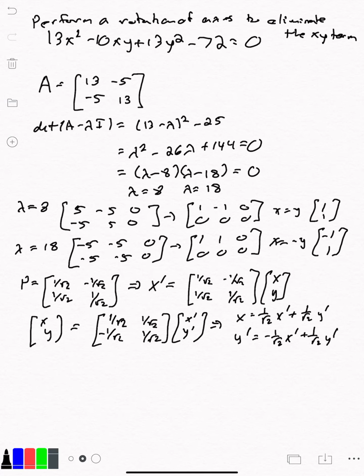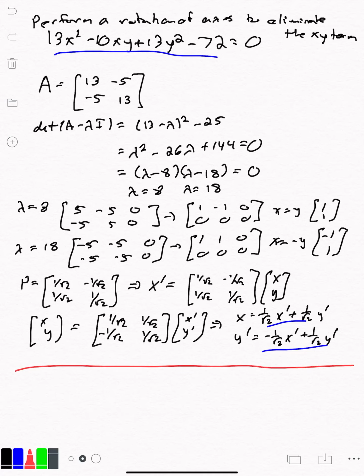And then we would plug these up here into each x and y. And then when you do that, the xy term is going to cancel out, which would be a whole lot of work right now to do. And so I'm going to let you in on a little secret right now.